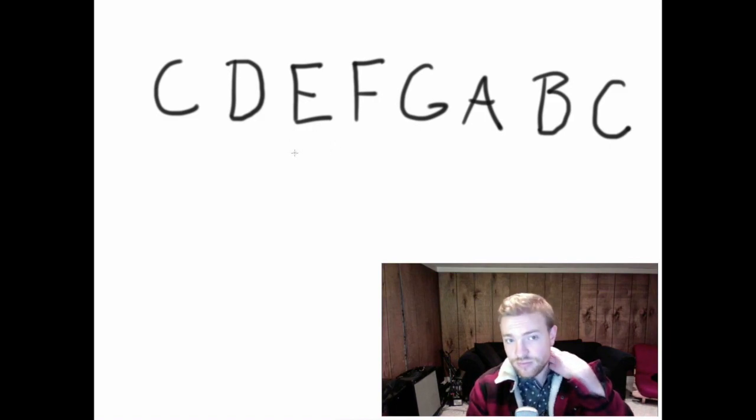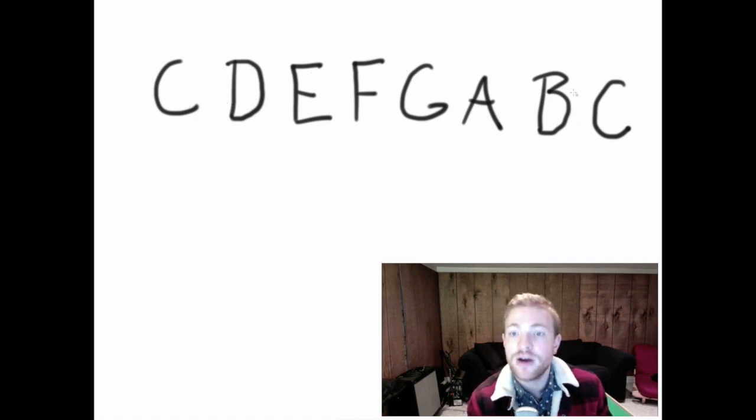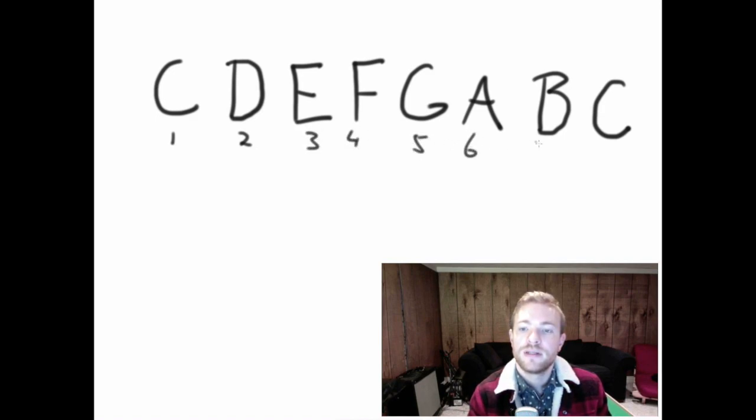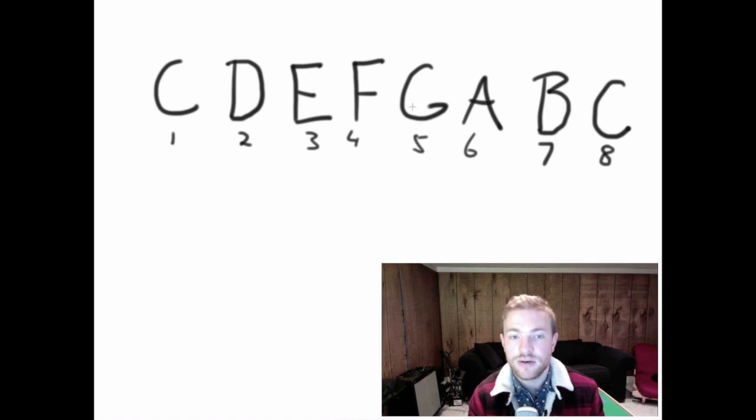So as the early composers and music theorists were sort of talking about this scale, they numbered these notes from 1 all the way up to 7, and then we have the C on top just for good measure to round out the scale, so we'll call that 8, okay? And as they were describing the different notes of this scale, they would have said something like, all right, so D is the 2nd note of the scale, E is the 3rd note of the scale, F is the 4th note of the scale, etc., right?